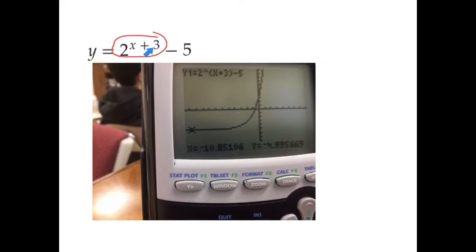There's no way that this value can ever be 0. I don't care what value you find for x. You can try every number in the world. 2 to that power is never going to equal 0, okay? So the truth is that when I look at exponential graphs, they are going to approach a boundary. They're just never going to get there because this can never equal 0.